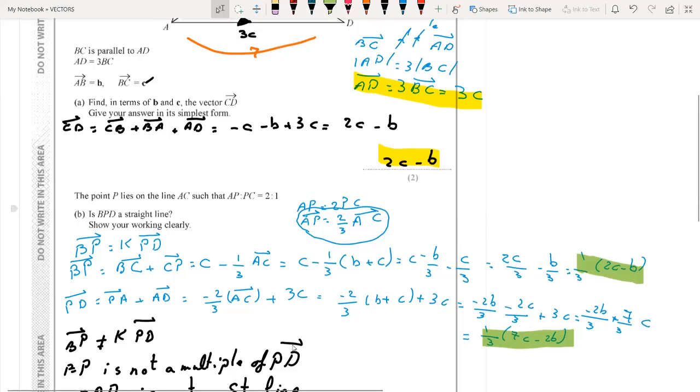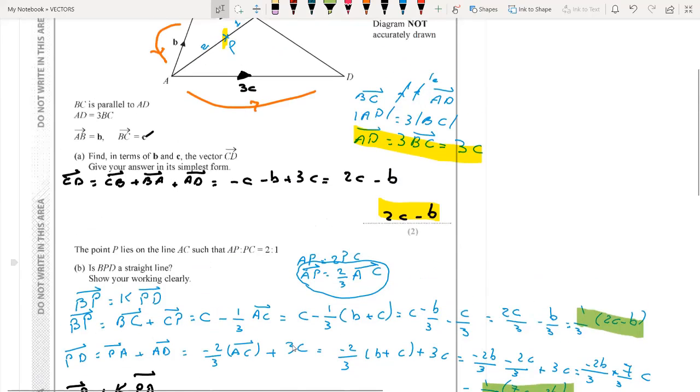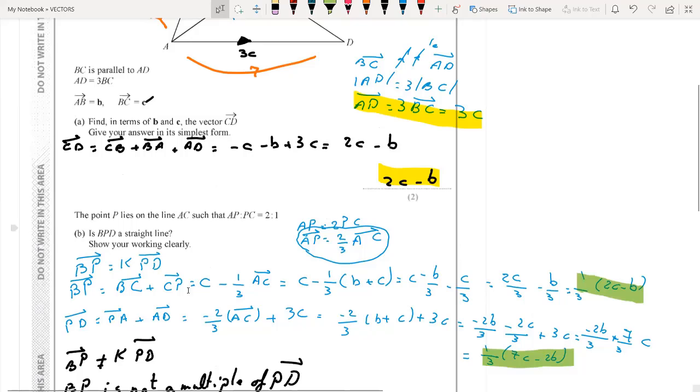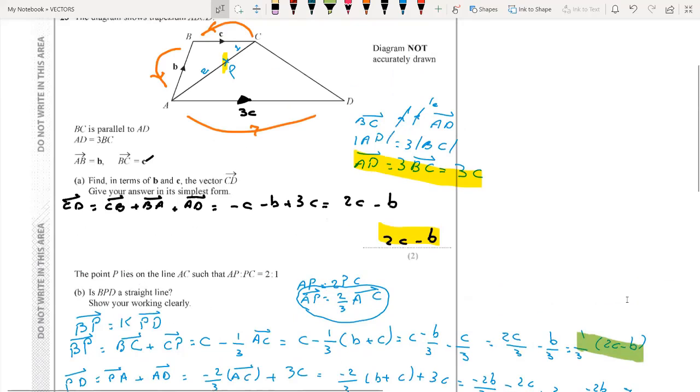But for the interest of others, if you see BP vector, you will find it 1 over 3 of 2C minus B. If you look at CD vector, you are going to find it also 2C minus B. So the vector CD, which is 2C minus B, is equal to a constant, 1/3, multiplied by BP. From the diagram, we can see that CD is parallel to BP.